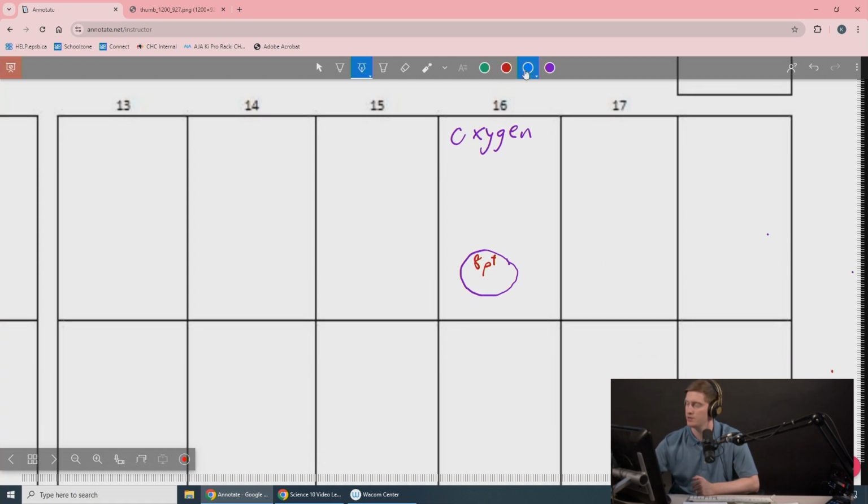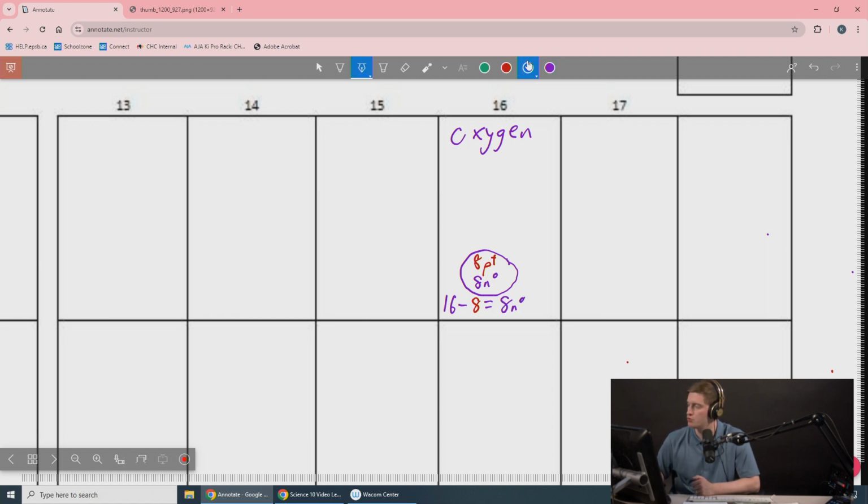Oxygen's got 8 protons, and it's going to have 8 neutrons. You can show your calculation by doing 16, which is your atomic mass, minus 8, which is your atomic number, to give yourself 8 neutrons.